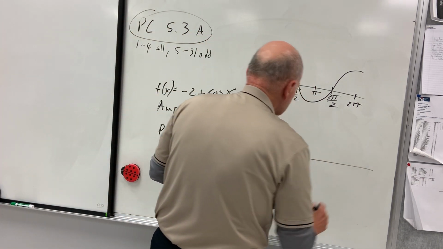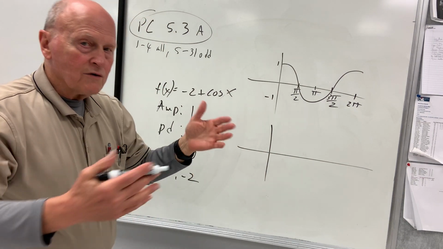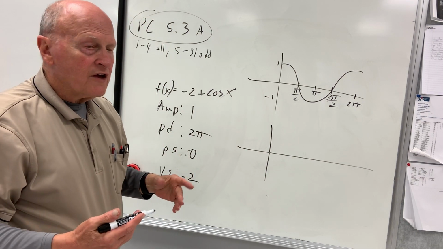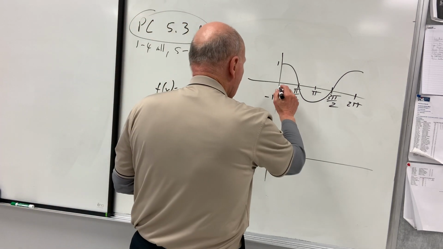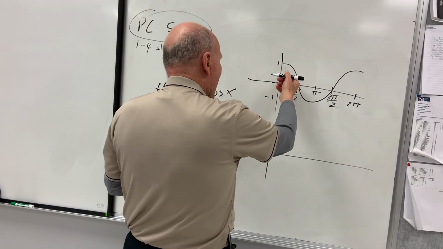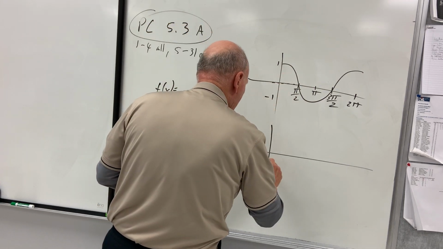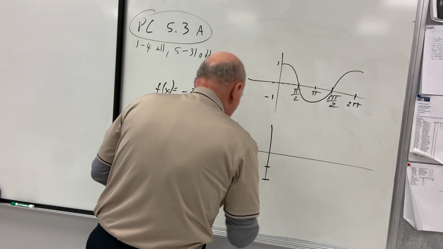Now I do this, it doesn't have to be that way, and you're not going to see it like this in the back when you look up the answer. But what I like to do is put the line that goes right down through the middle of it, and move it either up or down, whatever I want to move it. So we're going to move it down 2 spots.